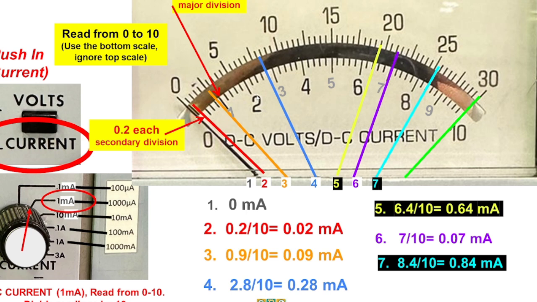Number 7, 8.4 divided by 10, that will be 0.84 milliamperes. And finally, number 10 here, divided by 10, will be equal to 1 milliampere, which is exactly the same as the limit that we have here.